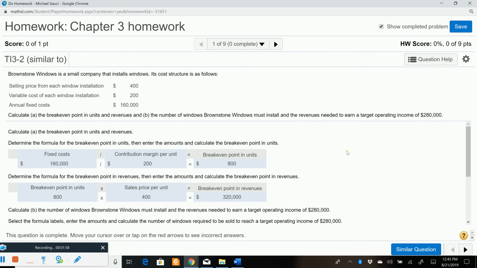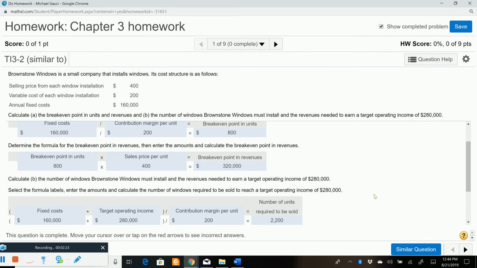In this case, $400 minus $200 gives you $200. If we take 160,000 divided by the 200, we get our break-even point in units of 800. And if each of the 800 units costs $400 per installation, the break-even point in sales dollars is $320,000.